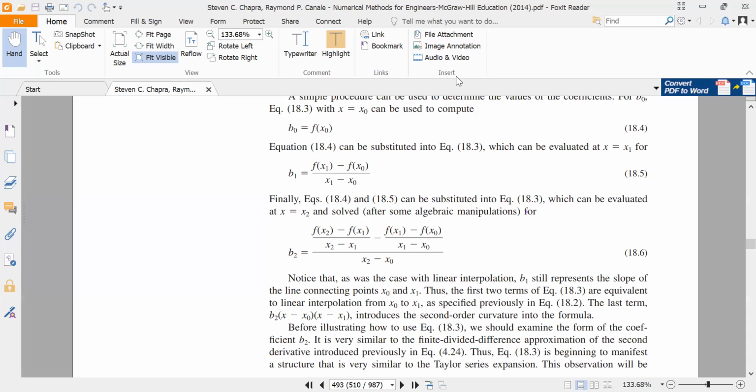What is this actually? Your first term, f(x2) minus f(x1) divided by x2 minus x1, what is it? Is it not the derivative? Yes, sir. And your second one is also a divided difference, for x1.